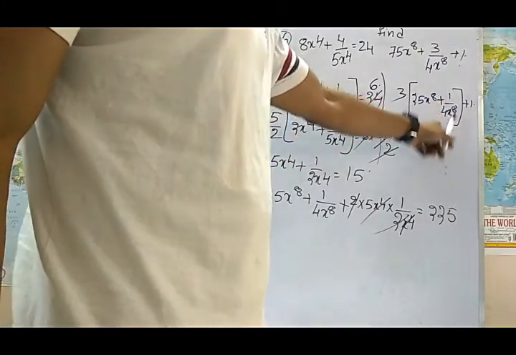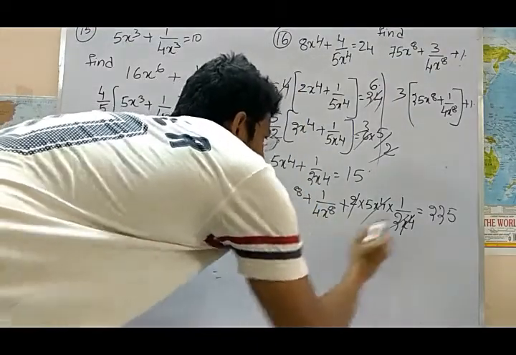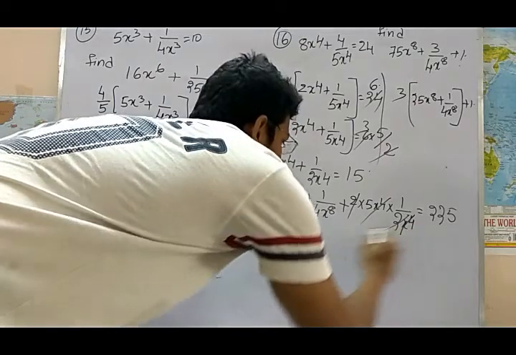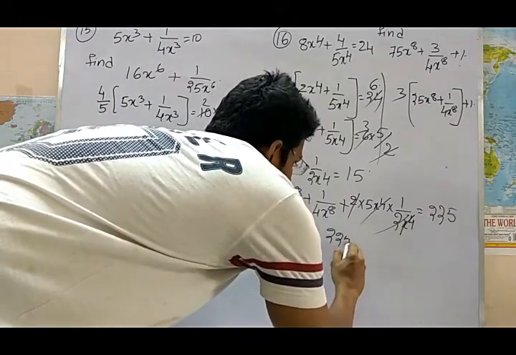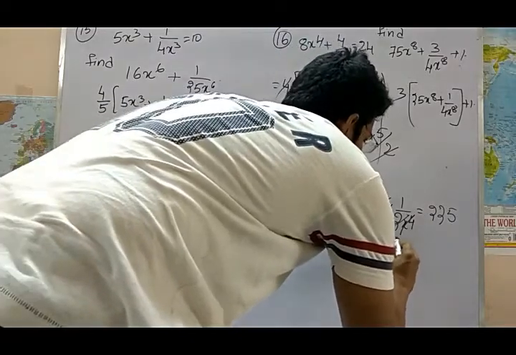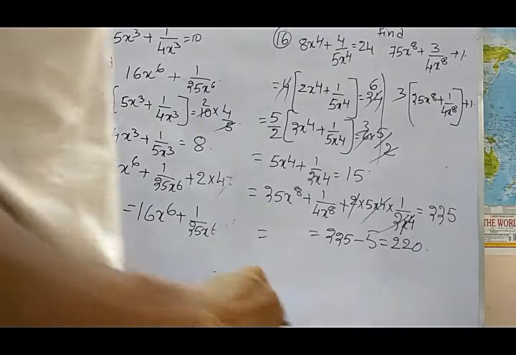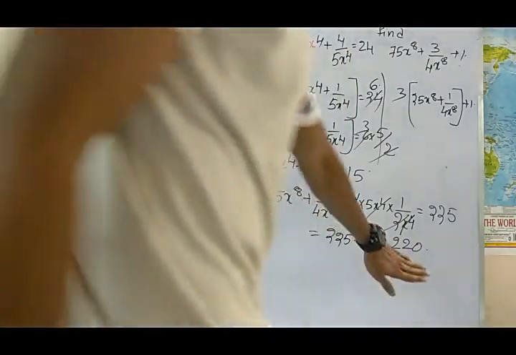So what's the question here? 25x power 8 plus 1 by 4x power 8. So what do we have here? The same thing. So we are left with this question, and what we have as answer is 225 minus 5. Taking 5 to that side, we are left with 220. Oh, it's a big number. So we have 220 here, but this is not the final answer.